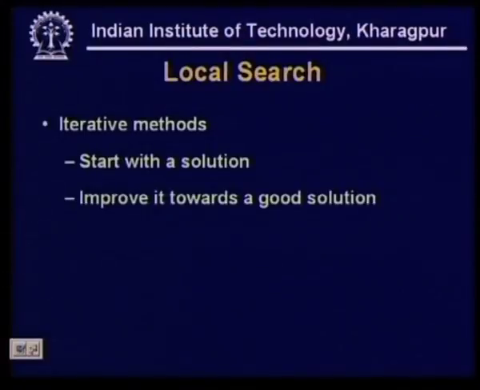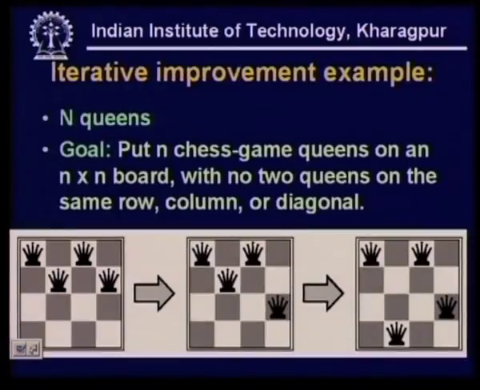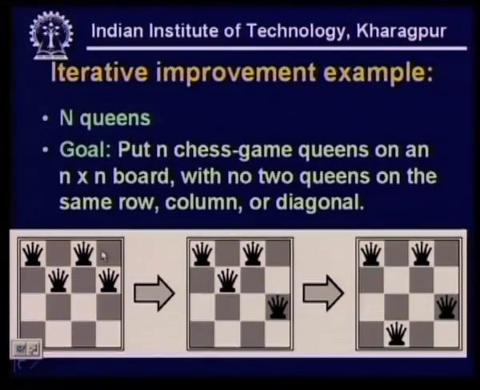The basic idea of these iterative methods is to start with a solution and improve it so that we can get a better solution. An example is the n queens problem. We have to put n queens on the chess board, in this case 4 queens. We can start with any placement of the 4 queens on the board, but if we place the queens like this, obviously there are many conflicts.